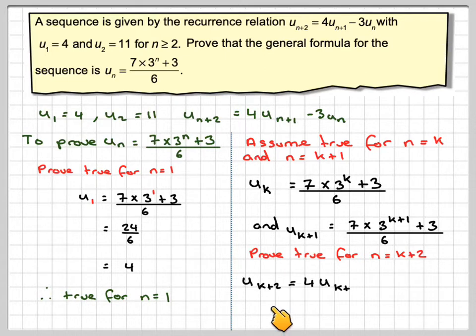So u_{k+2} will be 4 times u_{k+1}, so we'll substitute that in there, minus 3 times u_k, and we'll substitute that in there. So just going to another page.